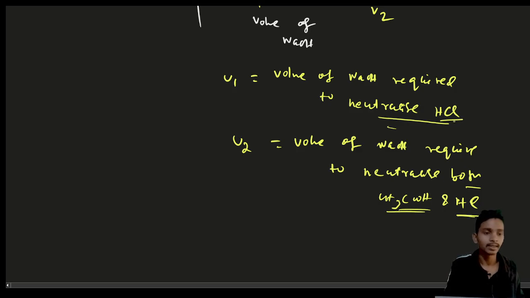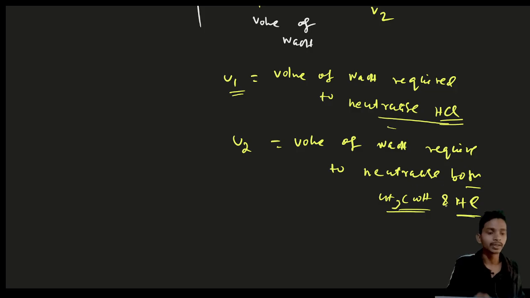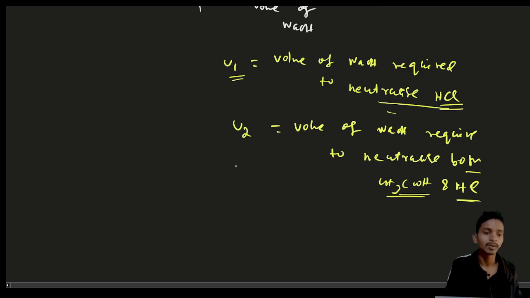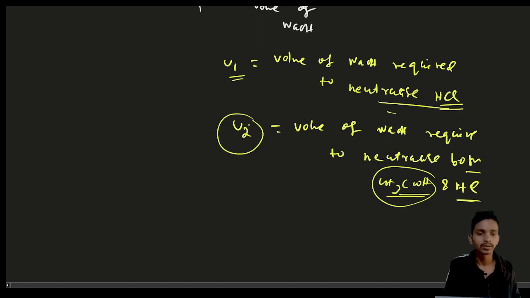So we know how much volume is required to neutralize HCl, and how much volume is required to neutralize both CH3COOH and HCl. So now the question is, how much volume of NaOH is required to neutralize CH3COOH. So this is total, this minus this is the neutralization of CH3COOH.